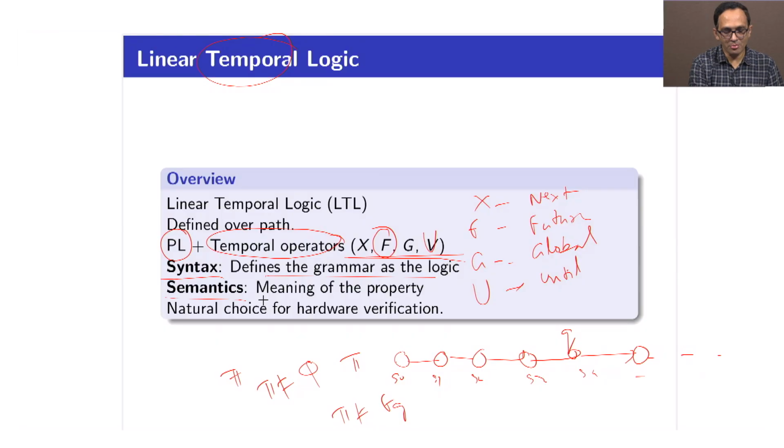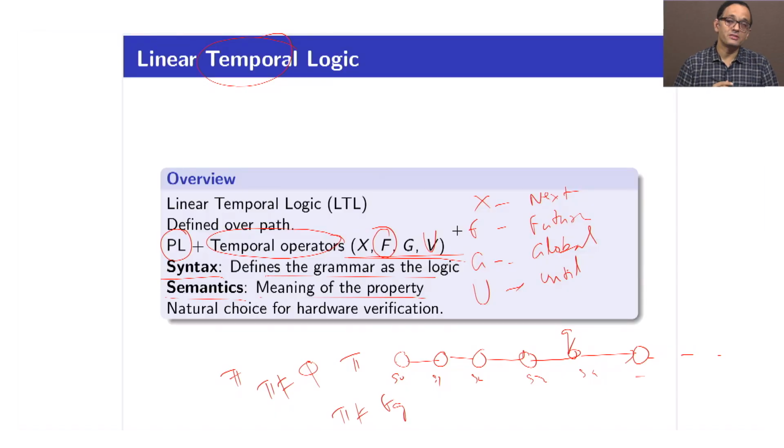Similarly, you have to see what the correct syntax is for LTL properties. And semantics is the meaning of the property. If I write a property, what does it mean? You have to understand exactly the meaning of these operators.